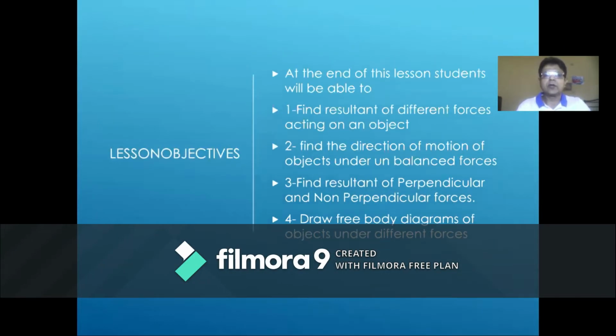If we look at the objectives, at the end of this lesson, students will be able to: one, find the resultant of different forces acting on an object; two, find the direction of motion of objects under balanced forces; three, find the resultant of perpendicular and non-perpendicular forces; four, draw a free body diagram of objects under different forces.